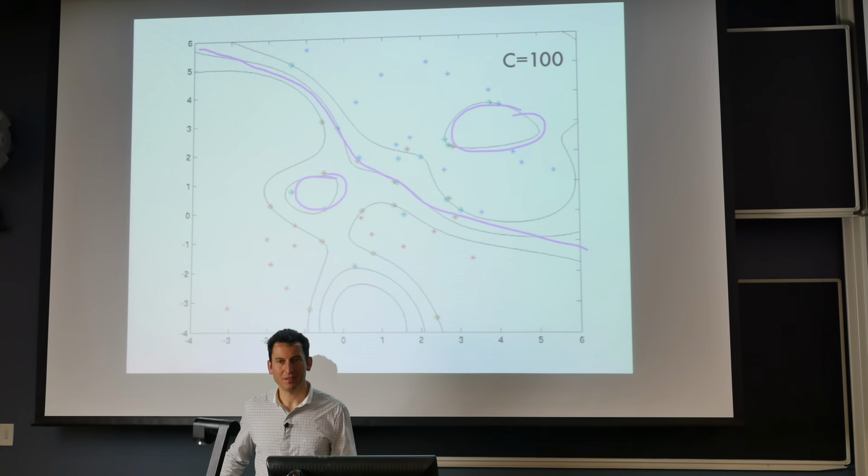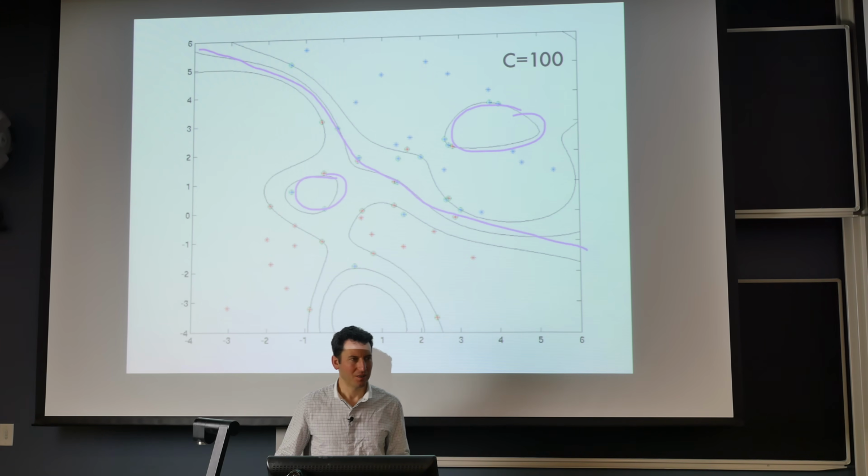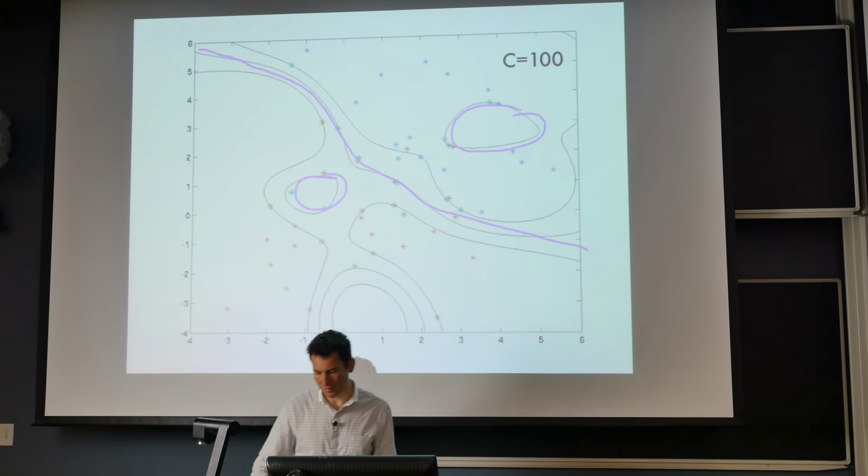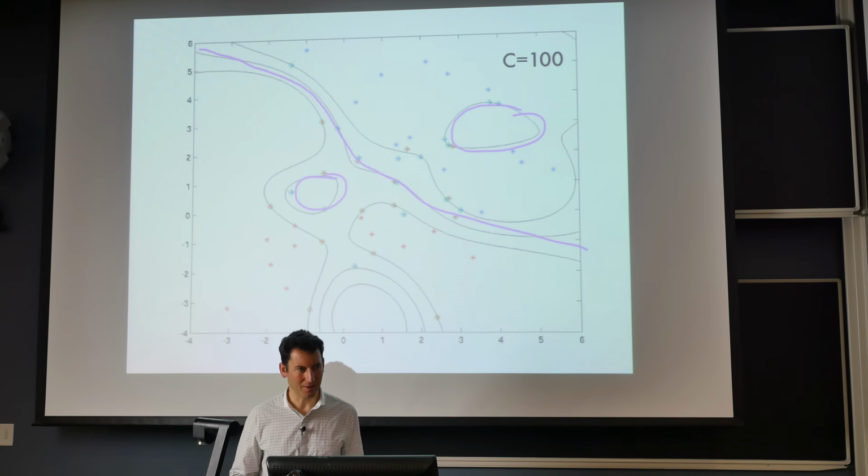Well, since I'm using kernels, you can, within reason, model pretty much any function that you'd want. So therefore, it's definitely not a matter of having a model that is not powerful enough. But what happened here is that I just overfit like crazy.